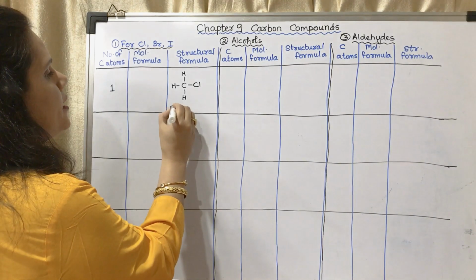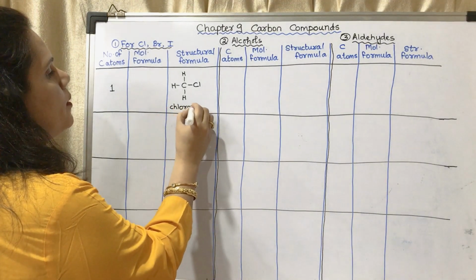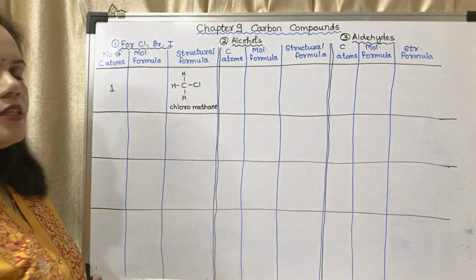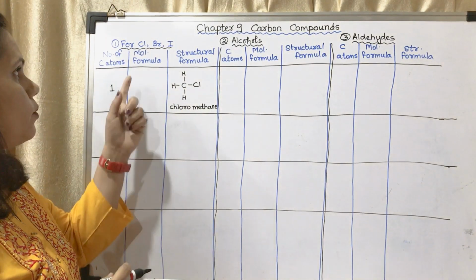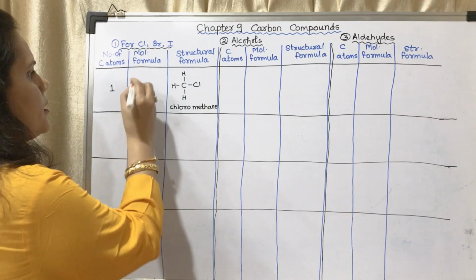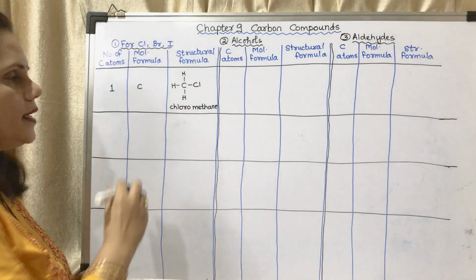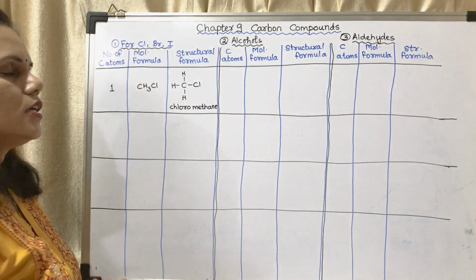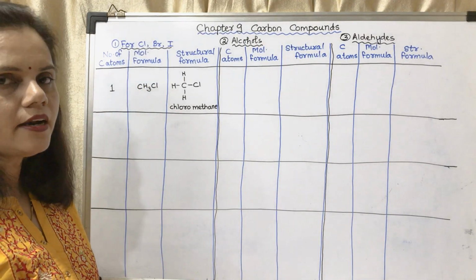I shall write the name. It is chloromethane. This will be the structural formula. Now what will be the molecular formula? It is having 1 C, 3 H and 1 Cl. So this will be the molecular formula.